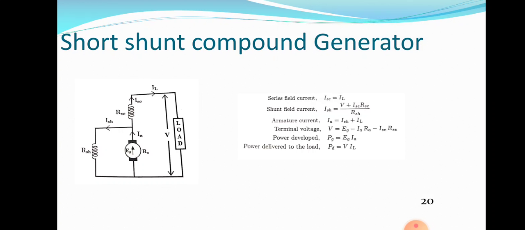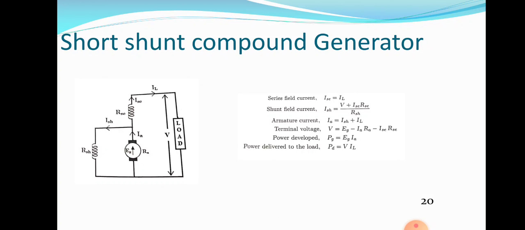One important thing you have to understand is that long shunt compound is again classified into two: cumulative compound and differential compound generator. That is not shown in this PPT. If the flux produced by series field winding opposes the flux produced by shunt field winding, resultant flux decreases and generated EMF decreases.